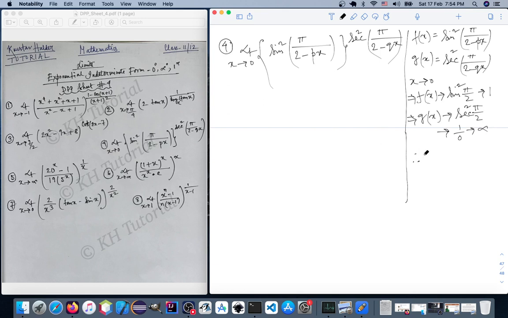Therefore, the form is 1 to the power infinity form, and we can use the direct formula.